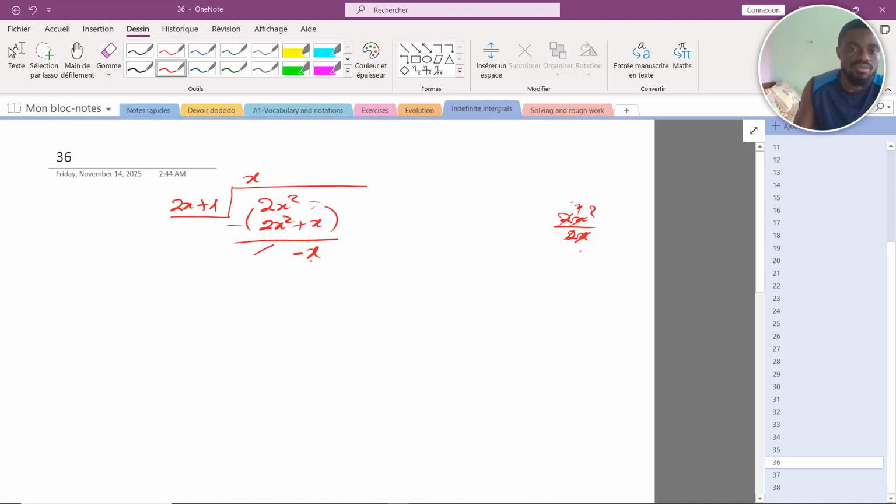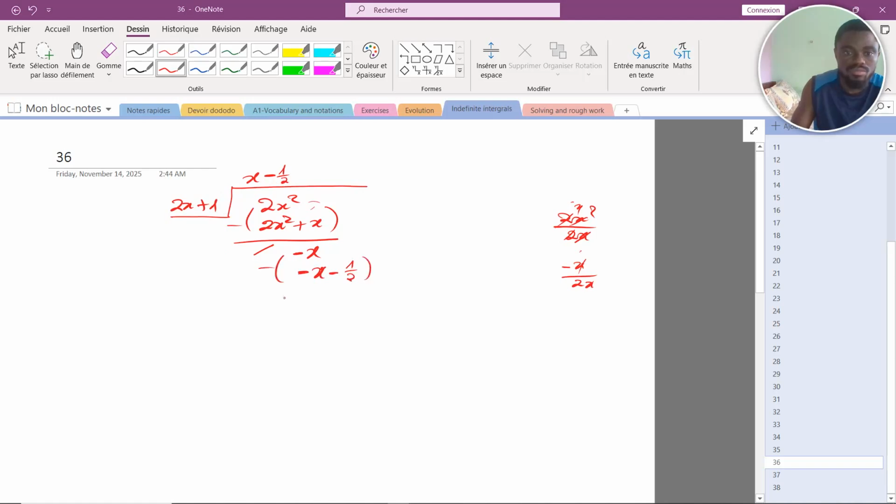Now minus x divided by 2x, the x goes, and we are left with minus a half. Minus a half times this will give minus x, and minus a half times this will give minus a half.